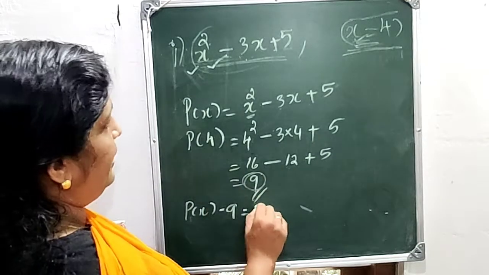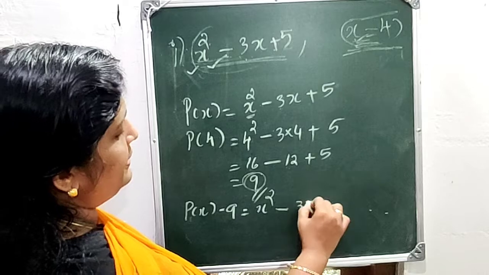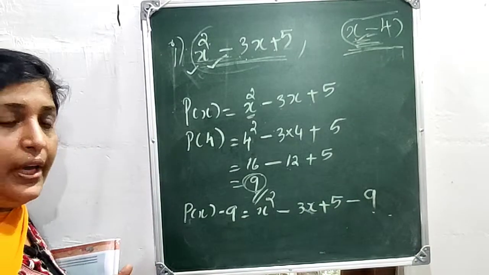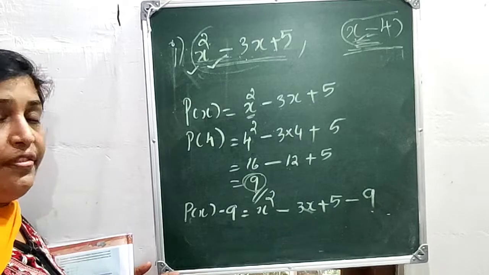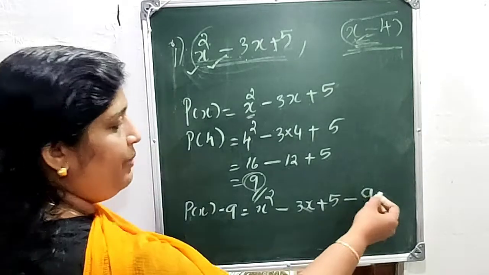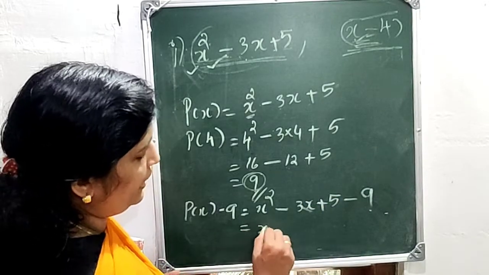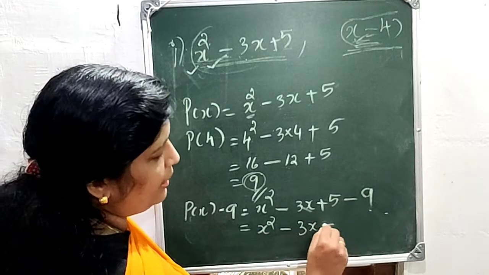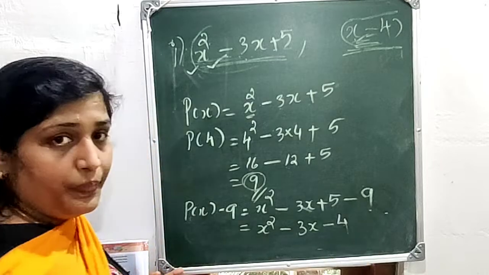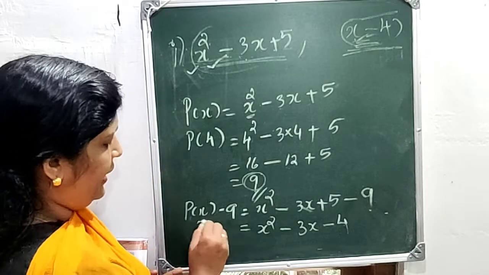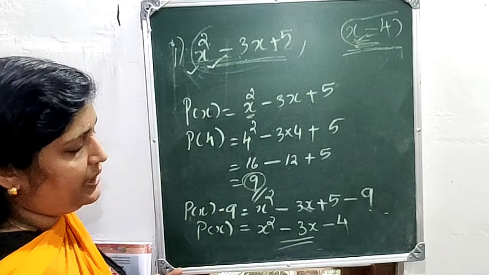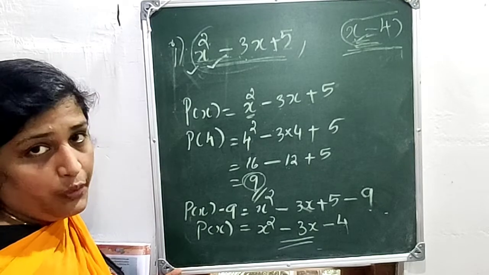P of x minus 9 is equal to x square minus 3x plus 5 minus 9. That is x square minus 3x, and 5 minus 9 is equal to minus 4. Then we get the polynomial x square minus 3x minus 4.